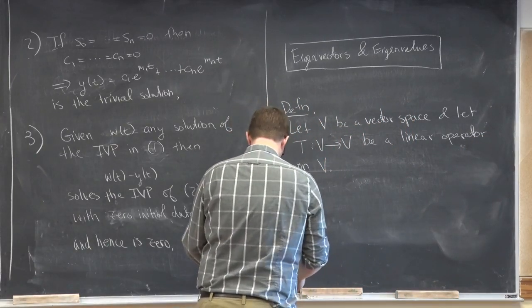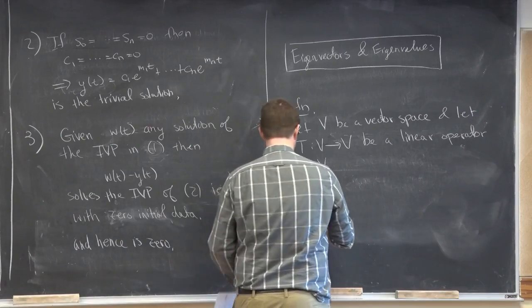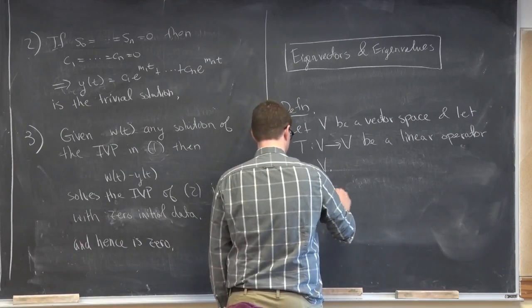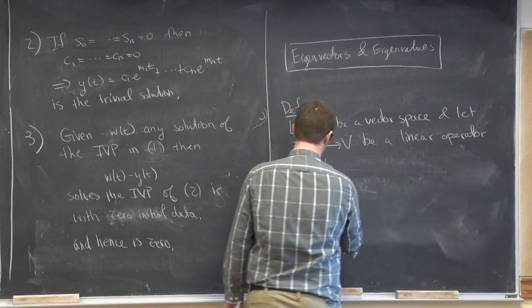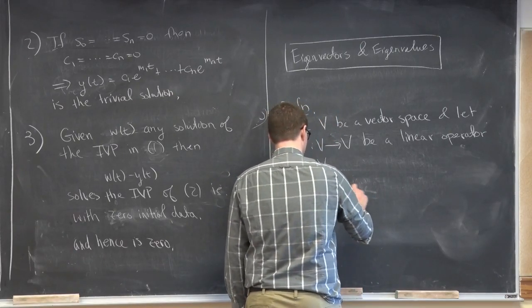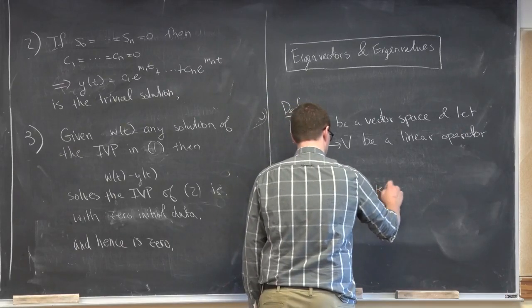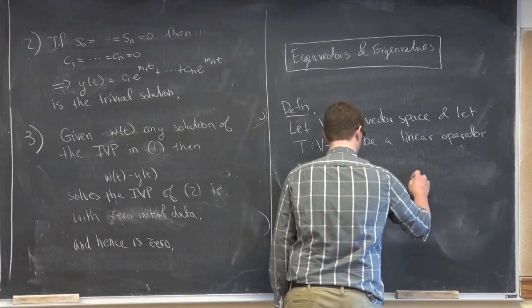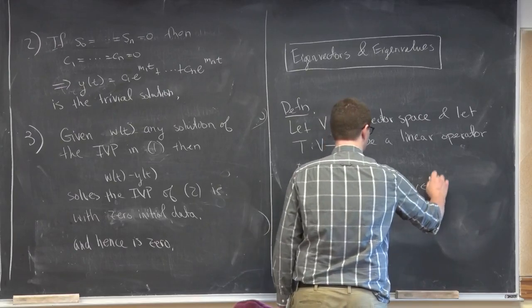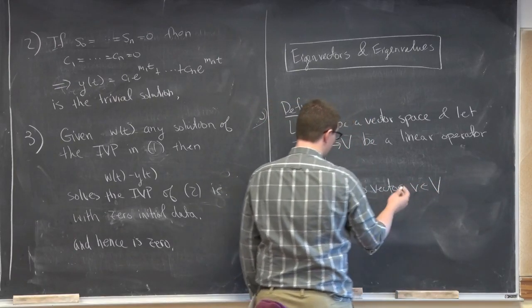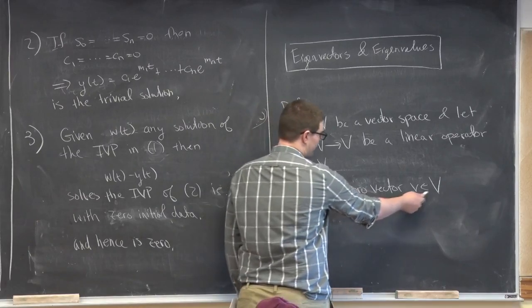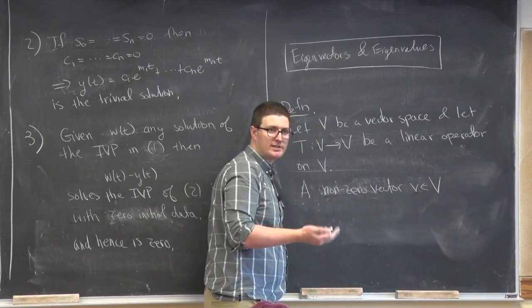Okay, so a vector V, let's say a non-zero vector V in V. Sometimes this will be a function space, and sometimes this will be like C to the n.